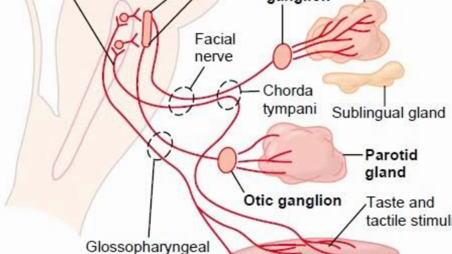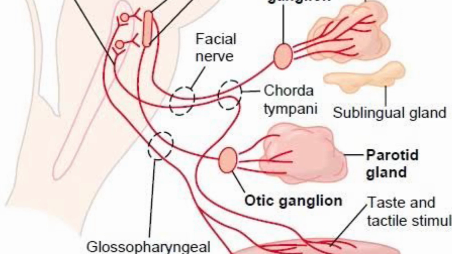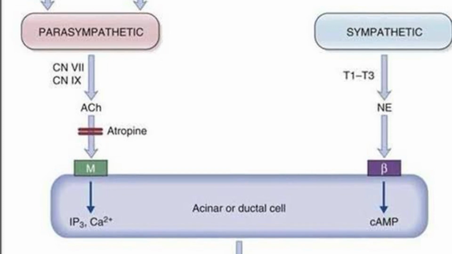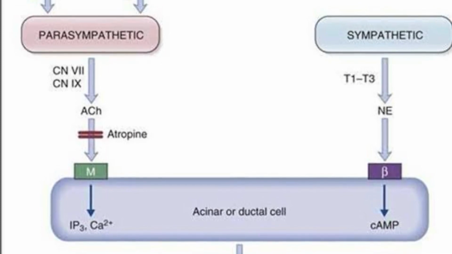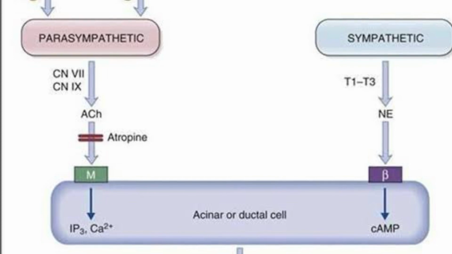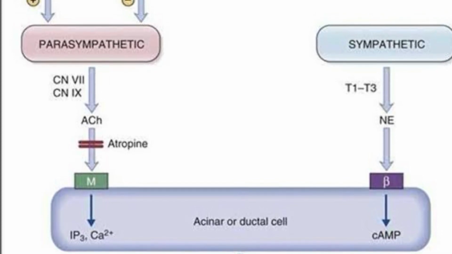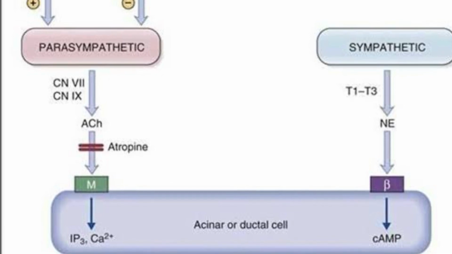Parasympathetic stimulation, primarily by the cranial nerves, the seventh and glossopharyngeal nerve, promotes saliva, and this stimulation acts through the superior and inferior salivary nucleus.